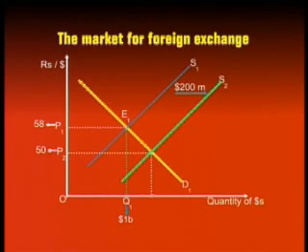And let's say the increase in the supply is to the tune of $200 million. So that's the magnitude of the increase in supply. Now, if the market mechanism were allowed to operate, the new equilibrium point would be, yes, E2, right?